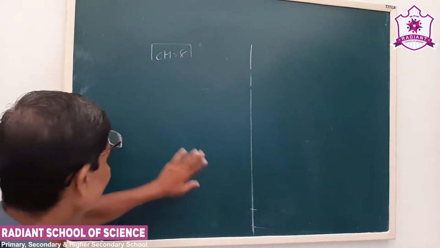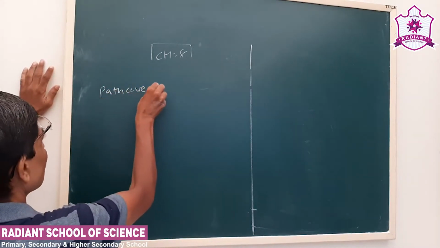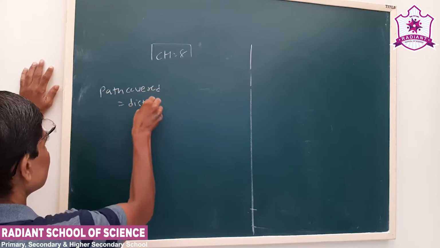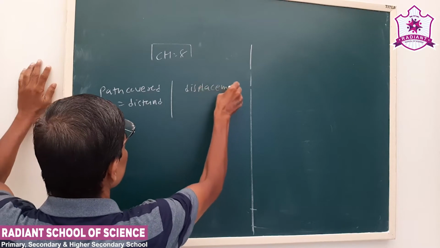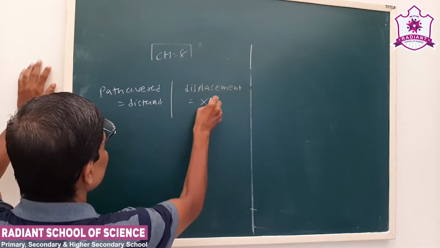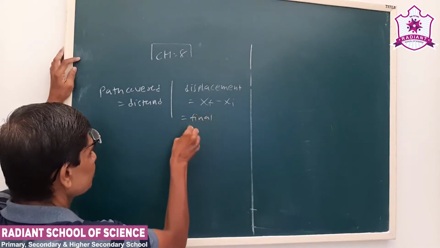So first is path covered, is distance, and displacement, that is final position.